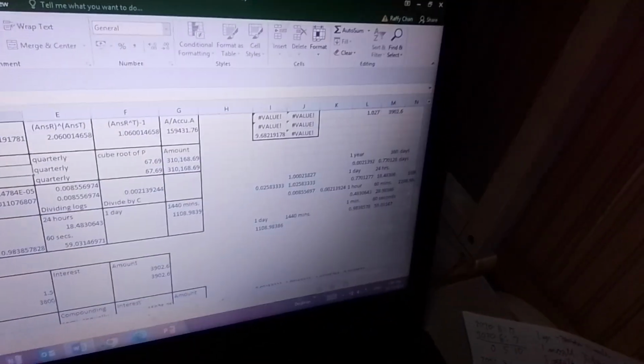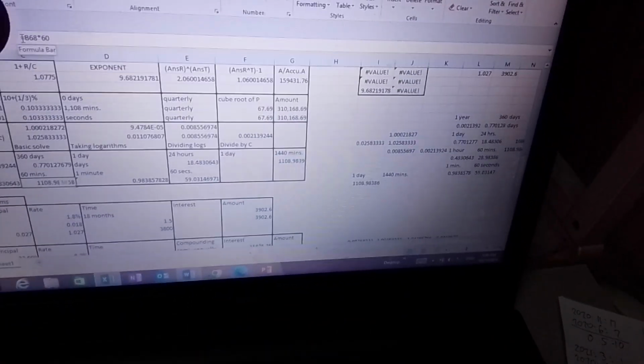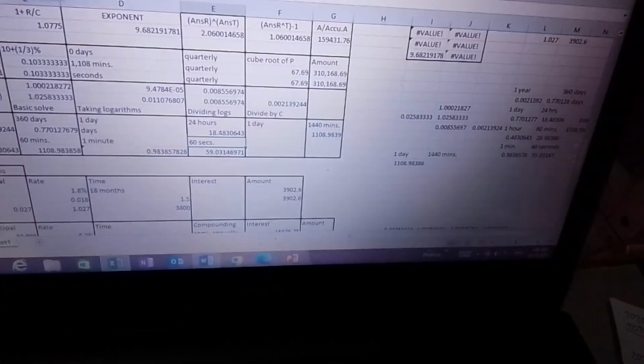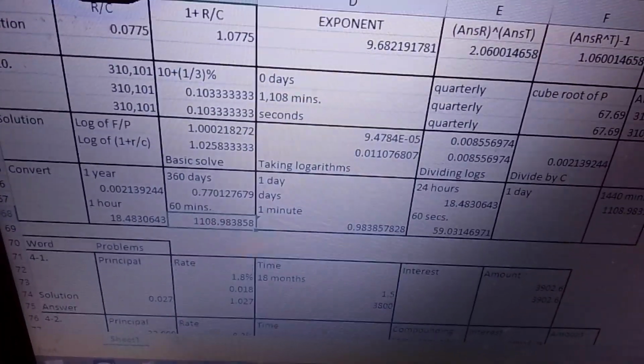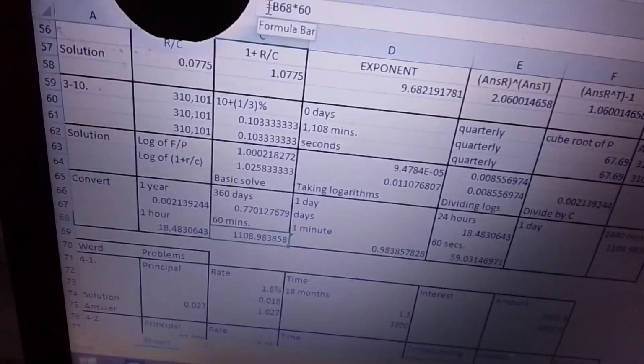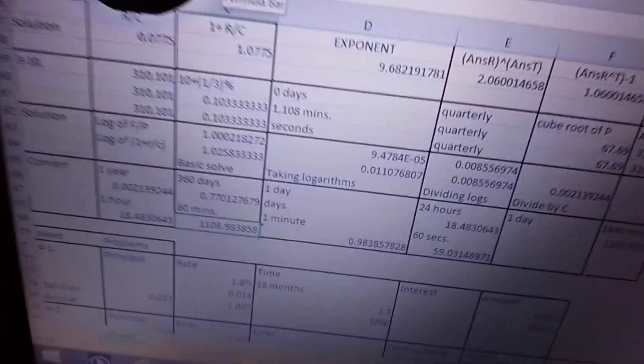Okay? Now, for our time unit, we're going to convert that to seconds. So, how many seconds are there in 1 minute? We know it's 60 seconds. But remember, we have 1,108 minutes, and we already have the minutes. So, we need to get the seconds. To get the seconds, we take the decimal, not the whole number.